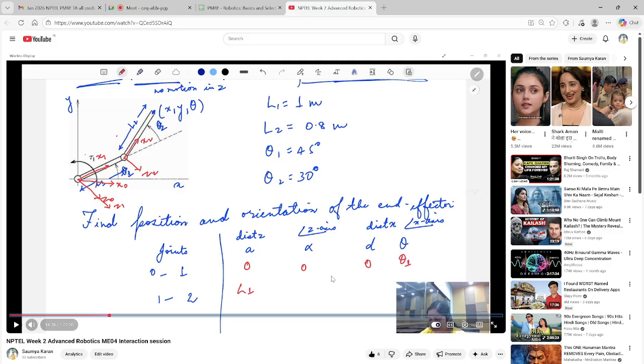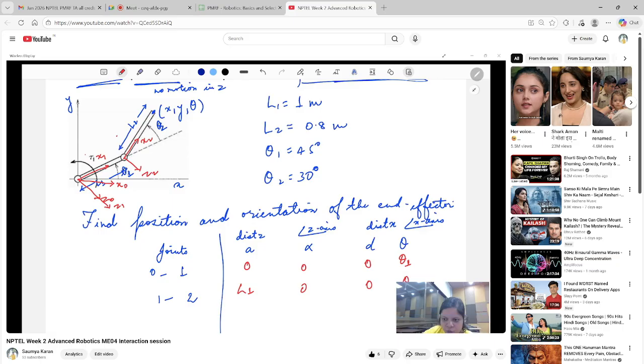After this, for link 1 and 2, we see the distance between link 1 and link 2 along the x-axis. We get it to be L1. We look for the angle between the z-axes, z1 and z2. What do we find? Z1 and Z2 both are coming out of the plane, so there is no angle between them.